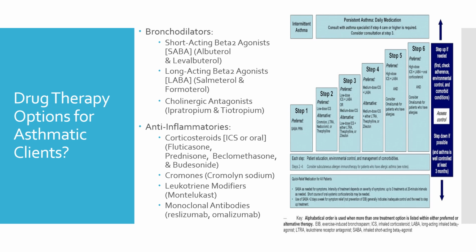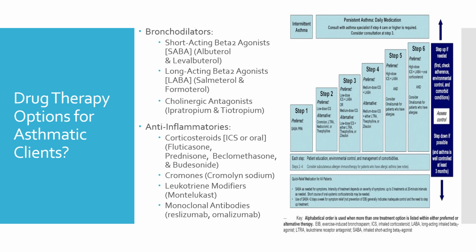As we progress in our severity or our uncontrolled state, we're going to step up. That's what we consider step up. If we have any issues that we need to control more, or if we're being well controlled, then we can consider stepping down off of some medications.